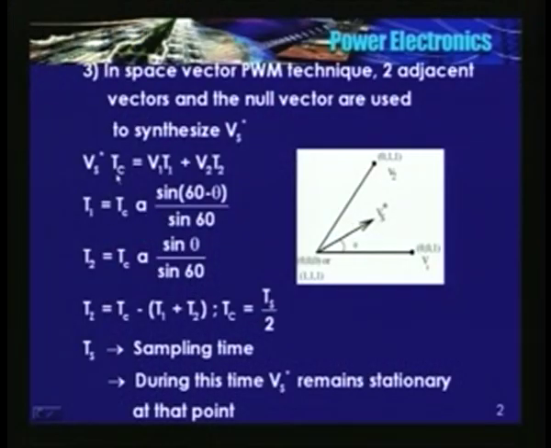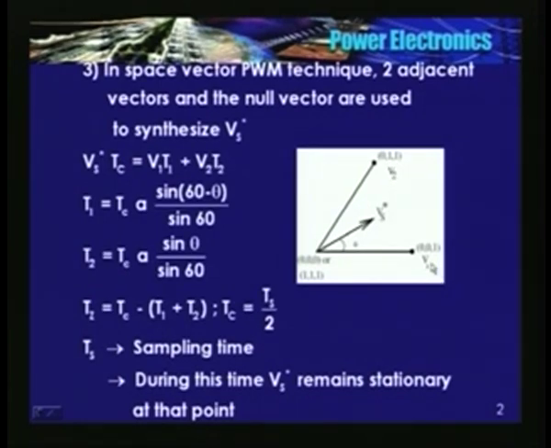In other words, Vs into time Tc equals V1 into T1 plus V2 into T2, where T1 is the time for which V1 is applied, T2 is the time for which vector V2 is applied, and the relationship between Tc, T1 and T2 is given by this equation.